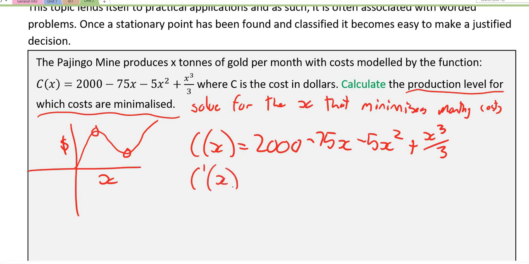Remember, the derivative function will tell us at what rate our costs are changing. And if we find where the rate of change is 0, that's where our turning points are, and we can figure out which is a minimum. Questions so far, guys? Make sense?